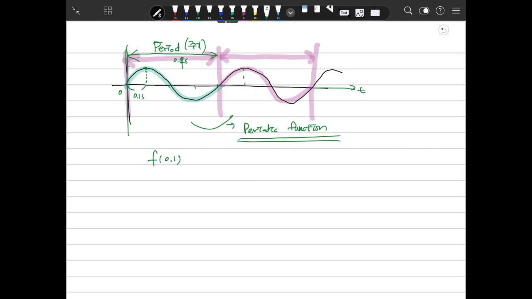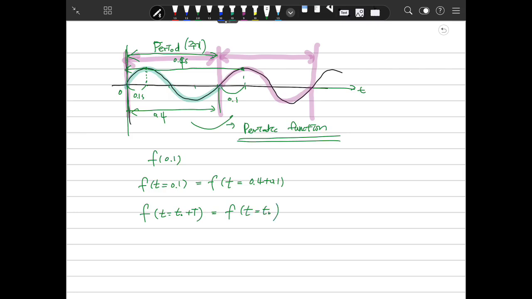I mean, that value will be f(t) equal to 0.1. And this is exactly the same as this point here. This length is 0.1, but the period is 0.4. So that will be exactly the same as t equal to 0.4 plus 0.1. That means f(t plus t0) equals f(t). So this is a characteristic of the periodic function.